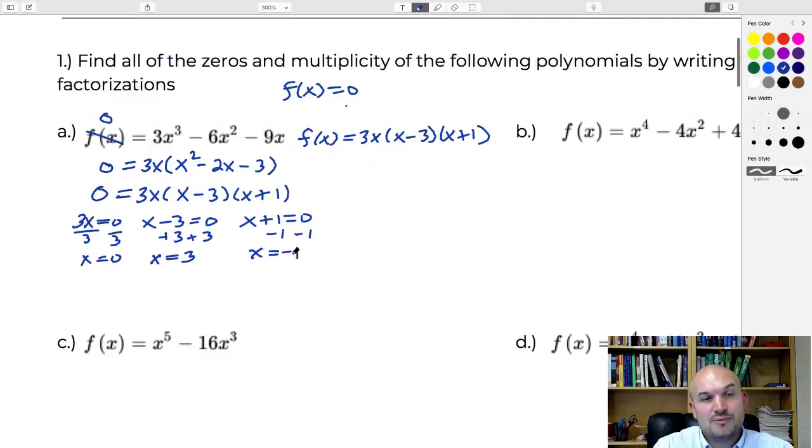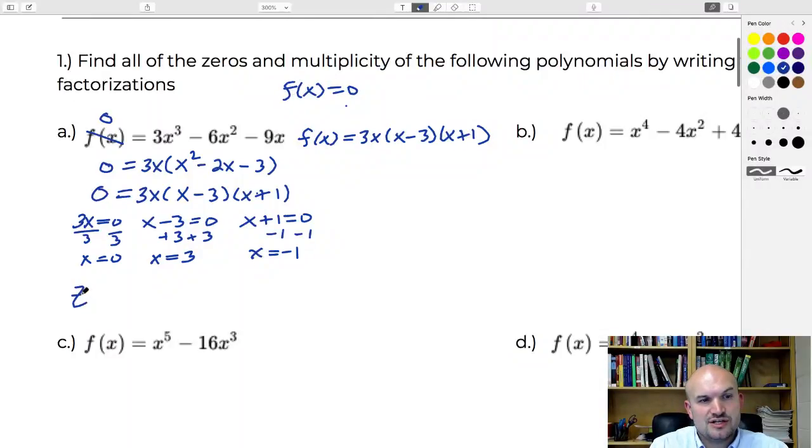Remember that the zero product property states that whenever you have a product of 2 or more terms equal to 0, you can set each one equal to 0, and that satisfies the equation. So when x is 0, 3, or negative 1, this whole equation is equal to 0, and that makes this true.